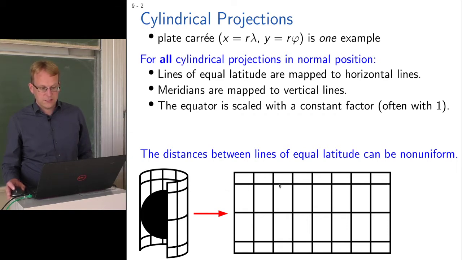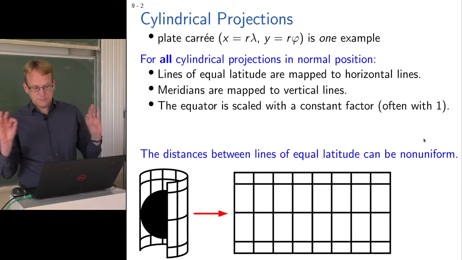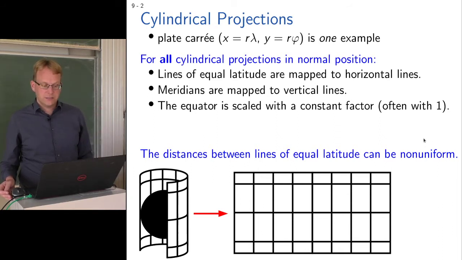That is one important property of cylindrical map projections. Then meridians are mapped to vertical lines. You can see that here we have these meridians, or lines of equal longitude, and those are mapped to vertical lines. And finally, the equator is scaled with a constant factor, often 1. That means we have no distortion, length preservation at the equator.